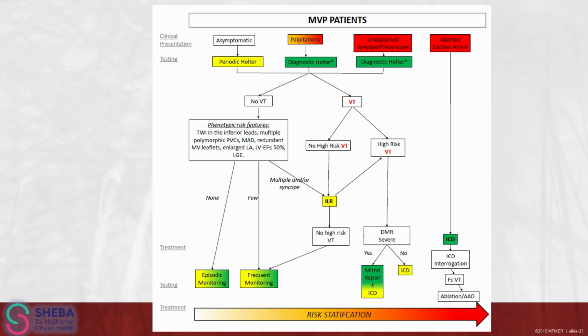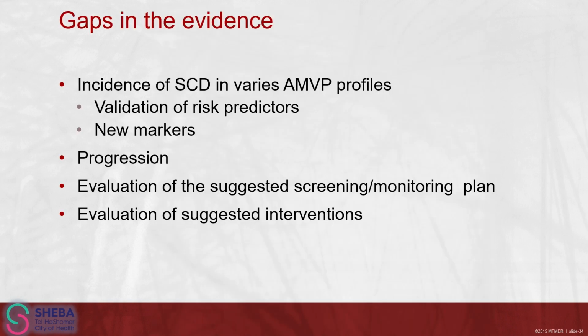Otherwise, an ILR is probably a good option. All other patients should be followed periodically. How often? We decide based on the presence and number of these phenotypical risk factors. If none are present, we're dealing with a relatively low-risk patient that can be seen infrequently. If there are multiple phenotypical risk markers, these patients need more careful follow-up and maybe, again, an ILR.